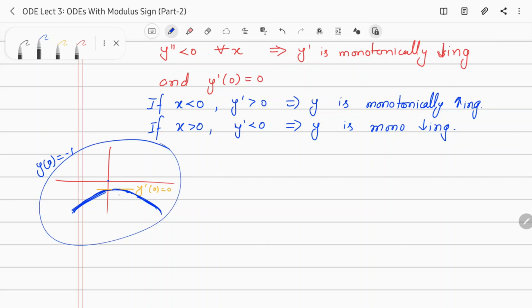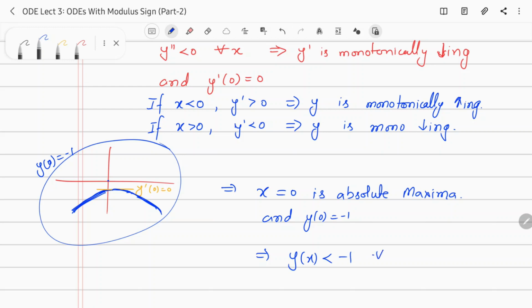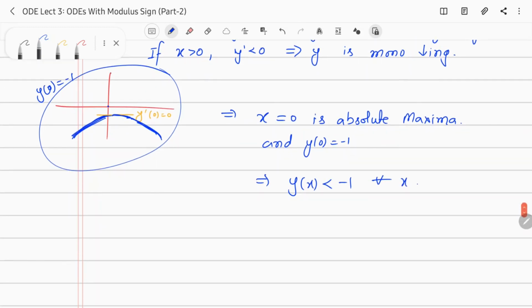So this is a rough graph of y. In this case, you can see that x = 0 is the absolute maxima, right? And it is also given that y(0) = -1. So I can write that y(x) is less than or equal to -1 for all x, because x = 0 is the absolute maxima.